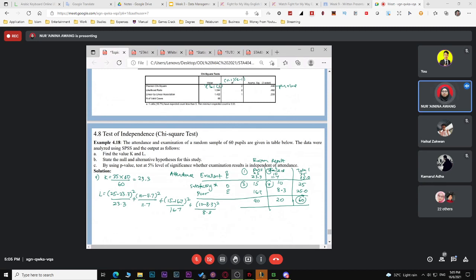Okay, if your expected frequency is less than 5, you need to combine the value.